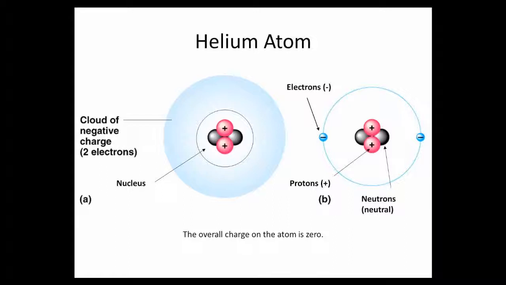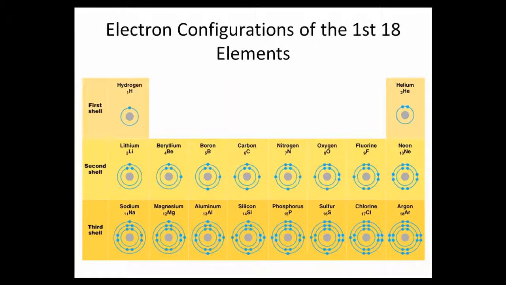So here is a periodic table. You may want to get a copy of a periodic table to help you understand what these elements are, where they're placed, and what their configurations are. You can see hydrogen is number 1, helium is 2. That helium that we just looked at had 2 protons, 2 neutrons, and 2 electrons.